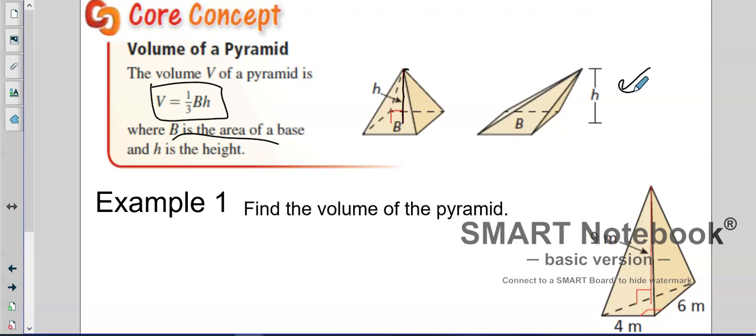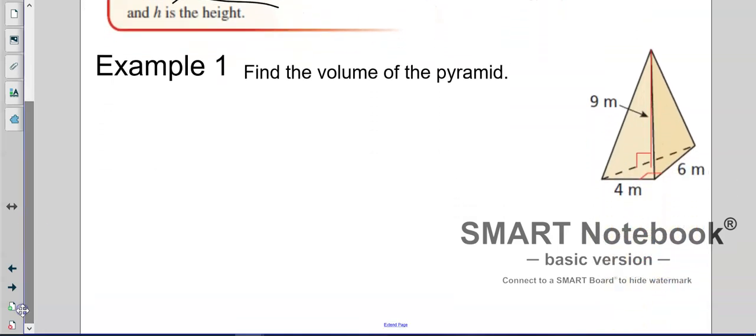All right? So let's find the volume of this pyramid. Well, what we have here on the bottom is a right triangle, okay, with 4 and 6 as 2 of the legs, right? And we have a height of 9. So that's straight up top. So first we have to find the area of the base of the triangle.